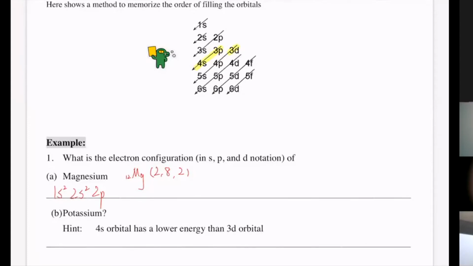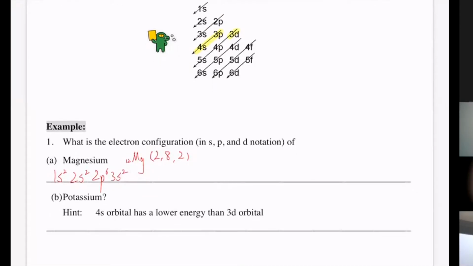So in total px 2 electrons, py 2 electrons, pz 2 electrons. So how many? 6. Okay, so we put 6 for that. Now we've arranged 10 electrons, so just 2 more to deal with. After 2p, we go to 3s, so we write 3s2. Okay, so that's the electron configuration for magnesium in SPD notation.